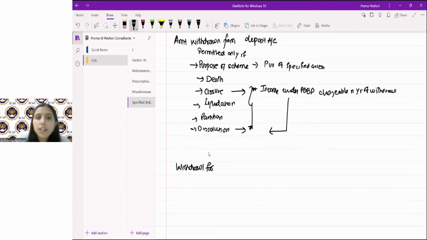Now, what are the specified assets? If the amount is withdrawn from the deposit account and is utilized for the purchase of the asset, then it is all right. But what are the ineligible assets that we need to see?